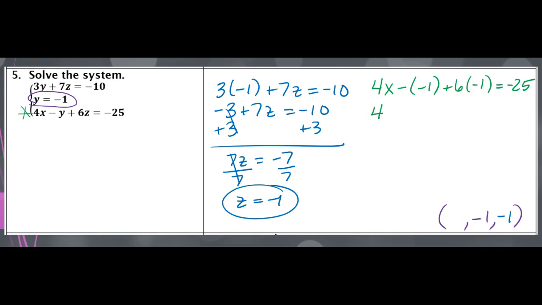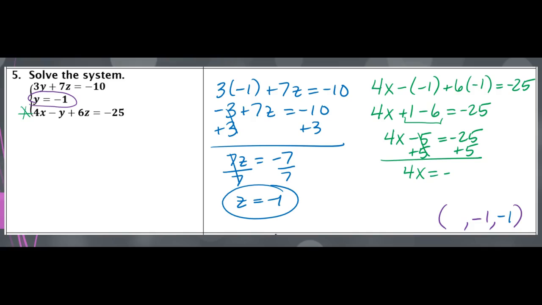I'll have 4x, this turns into +1, minus 6 equals -25. 1 minus 6 is -5, so I have 4x minus 5 equals -25. Add 5 to both sides, and I have 4x equals -20. Divide by 4, and we have our third and final answer, which is x equals -5.